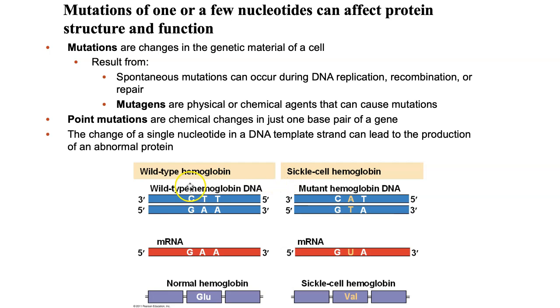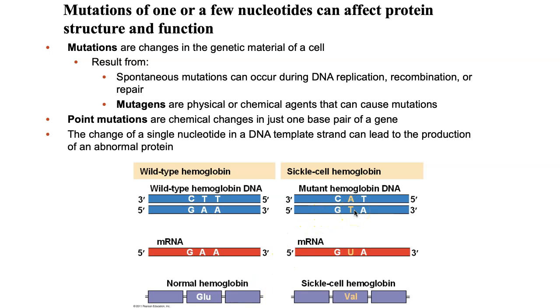So we have here the wild-type hemoglobin DNA, CTT and GAA. Our template here is the top strand, the 3' to 5' strand. And from this strand, we create an mRNA that is GAA. GAA codes for the amino acid glutamic acid, Glu. So this is a normal hemoglobin.